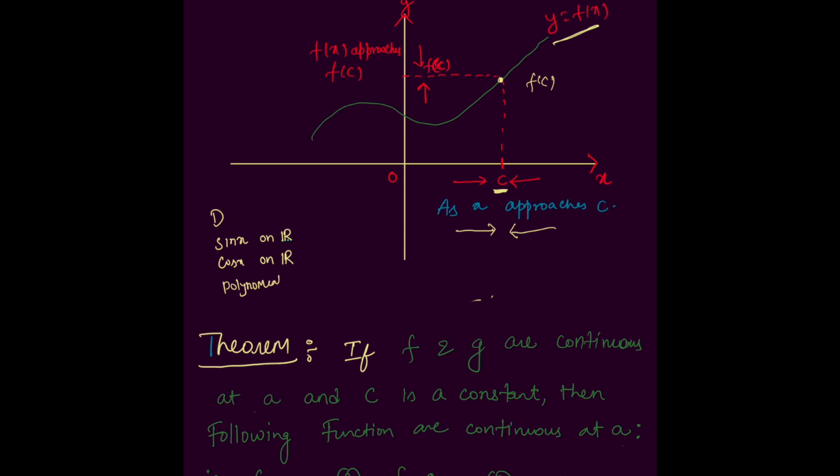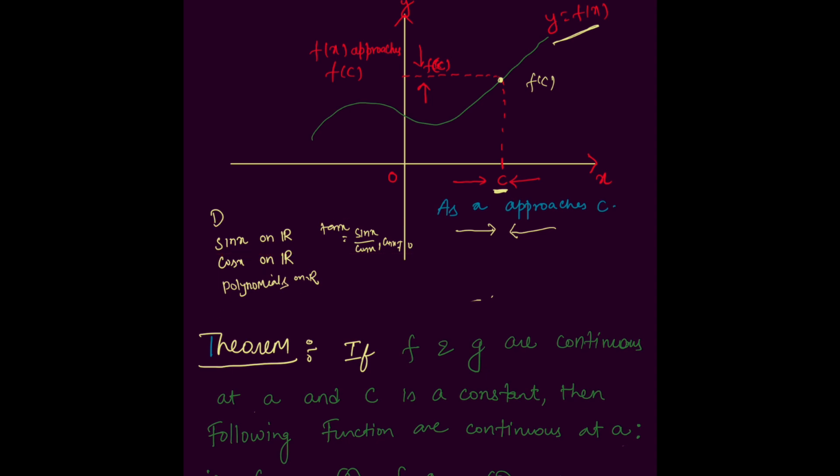All polynomial functions are continuous on R, the set of real numbers. Among trigonometric functions, tan x is continuous, since we can write tan x as sin x divided by cos x, provided cos x does not equal 0. So sin x, cos x and polynomials are continuous functions on the real numbers.